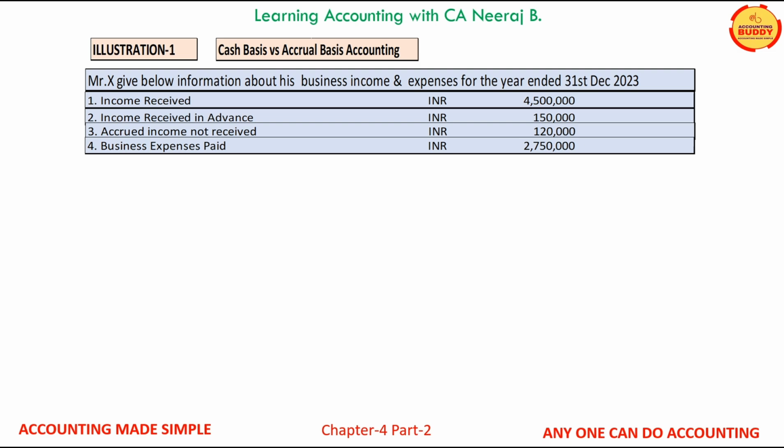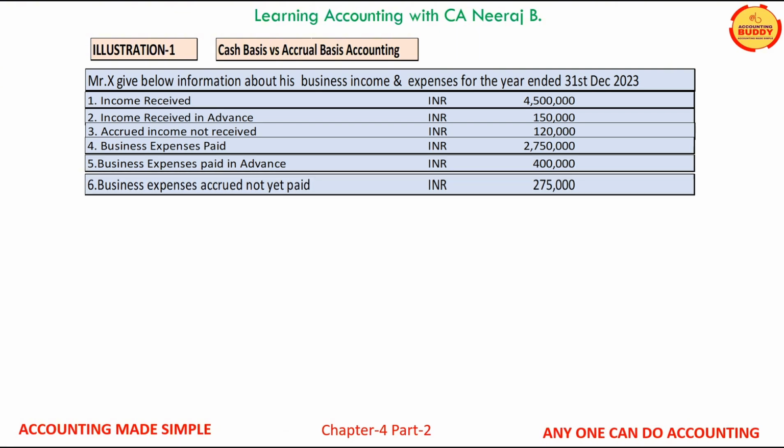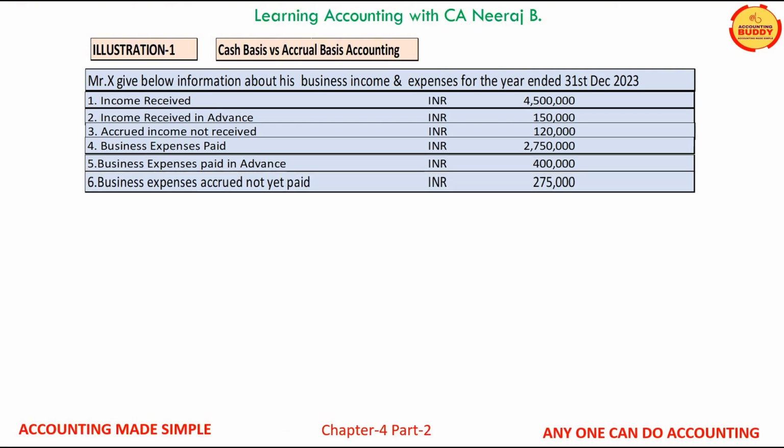Business expenses which are paid during the accounting period are 2.75 million. The expenses which are not incurred but paid in advance amount to 400,000. It means 400,000 is paid for expenses related to future periods. Business expenses incurred but not paid amount to 275,000.